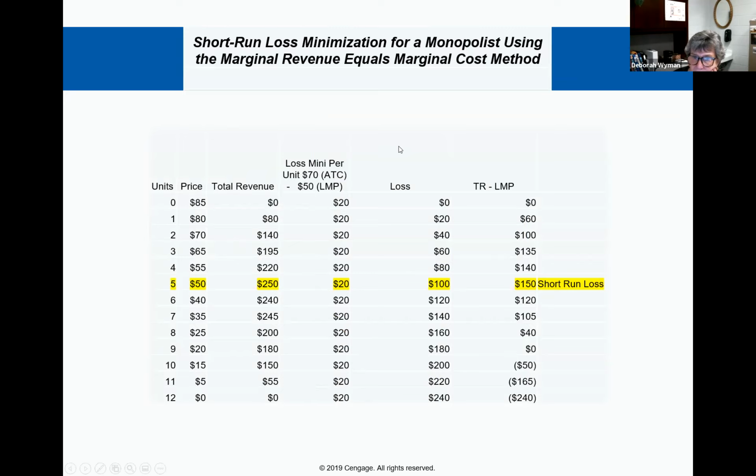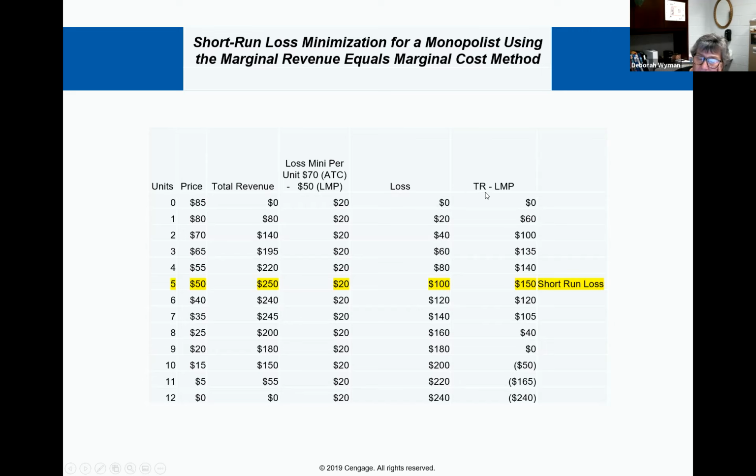And then your loss is going to be $20 each straight down, right? So you're going to have $20 times 1, 20 times 2, 20 times 3, 20 times 4, 20 times 5 is 100, and 120.